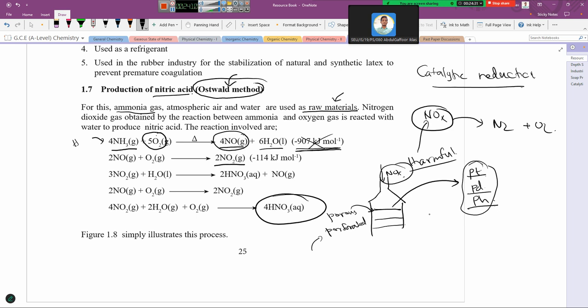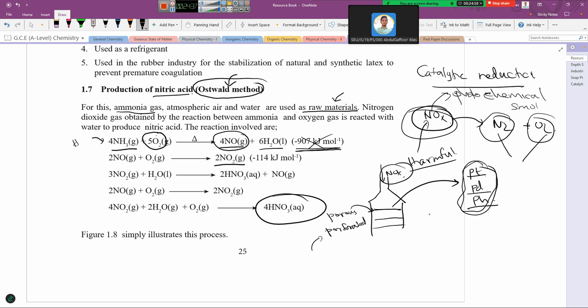These are expensive metals, but we use them in order to reduce it. NOx should be reduced to N2 gas and O2 gas, because N2 and O2 are not harmful, but NOx gas is harmful. It can produce photochemical smoke, which is an adverse environmental effect.